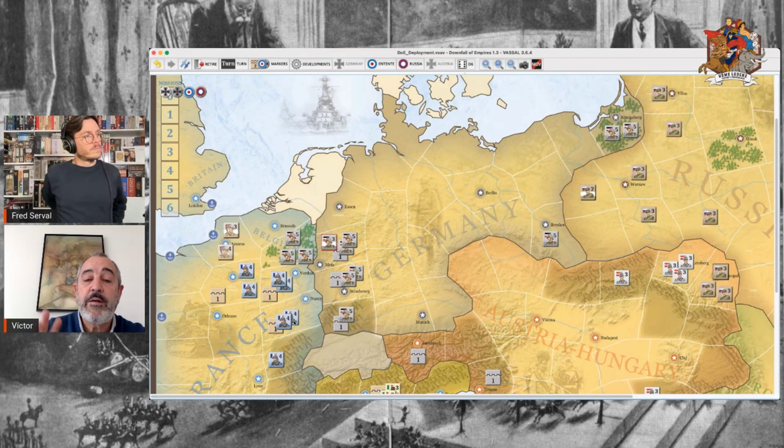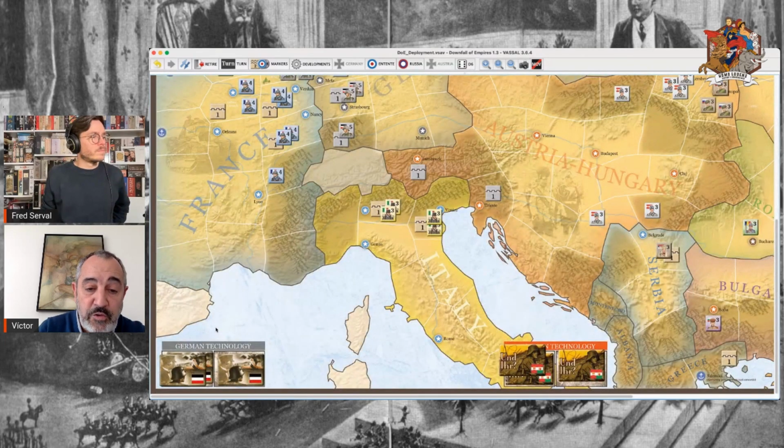Now, sorry, at the beginning I haven't shown you. The first thing I had to do is that the technology in the second box is already in use, so I can use it already. I take it out from here and put it in the developments box.